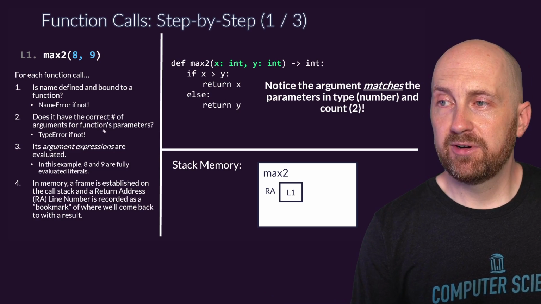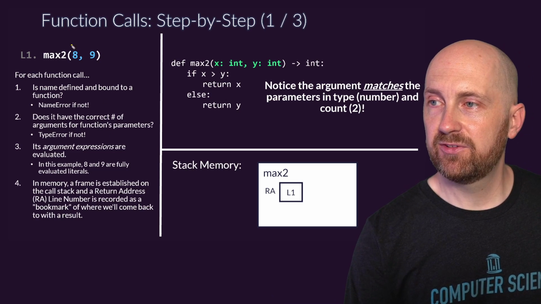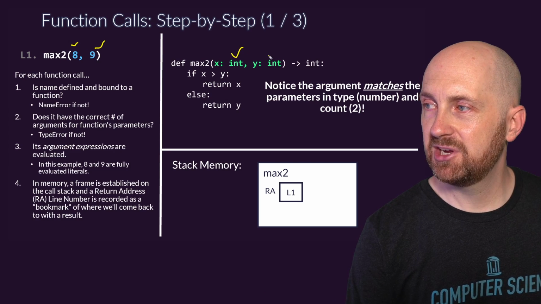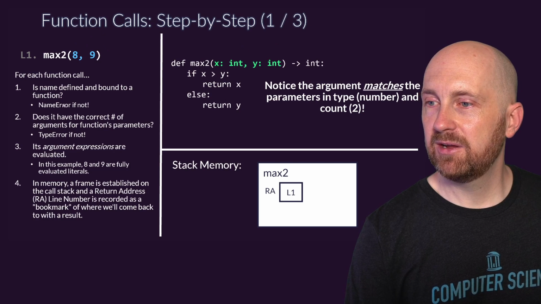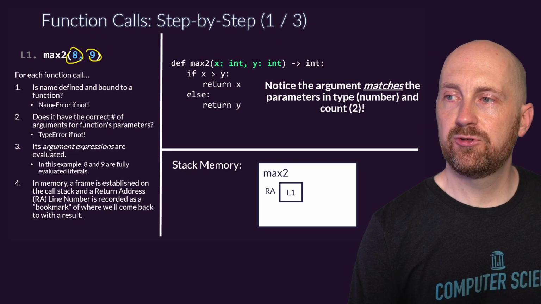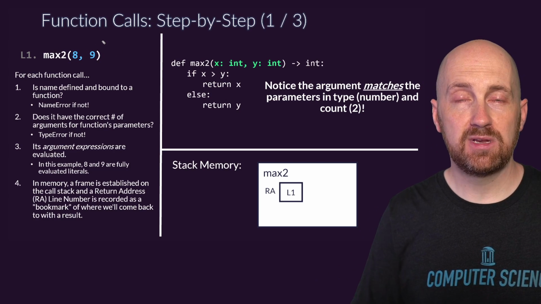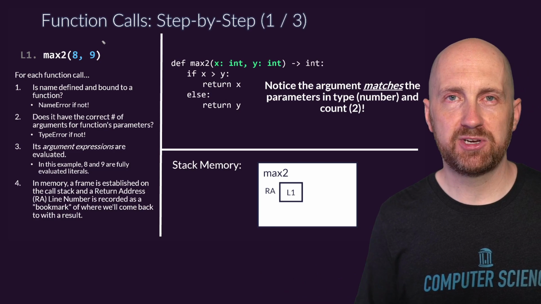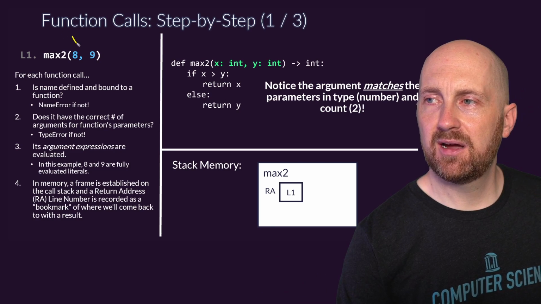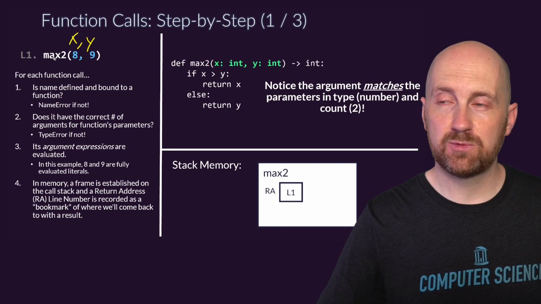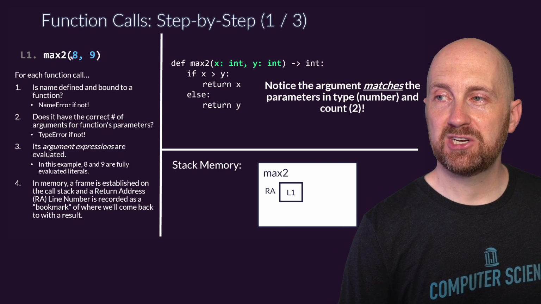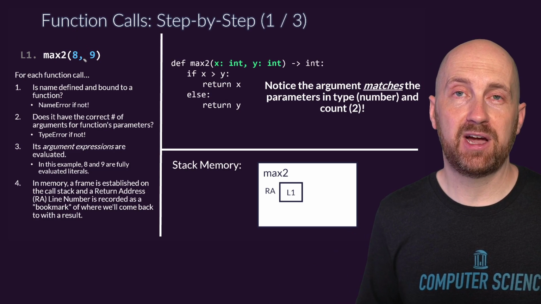All right. Does it have the correct number of parameters? Yes, it does. 2 parameters. So we need to match in both the number of parameters, and we also need to evaluate our arguments. So here we have 2 int literals, so there's no real evaluation to be done. But we could have used the variables x and y if we had int variables named x and y, and those expressions would be evaluated down to whatever value they are.